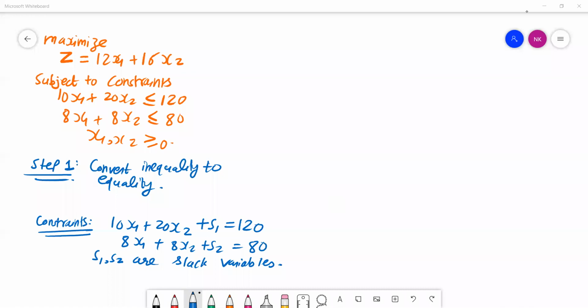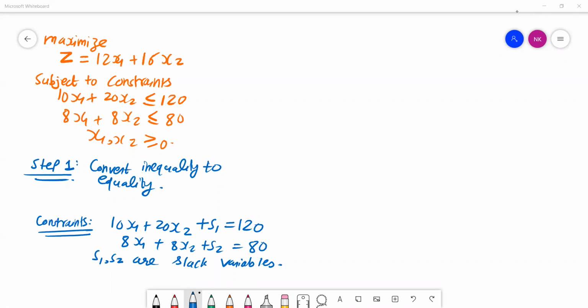To make it simpler, let me highlight whether S1 will be negative, positive, less or equal to 0, greater or equal to 0, or 0. What could be the property of S1?